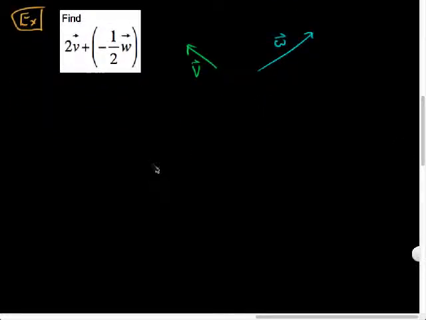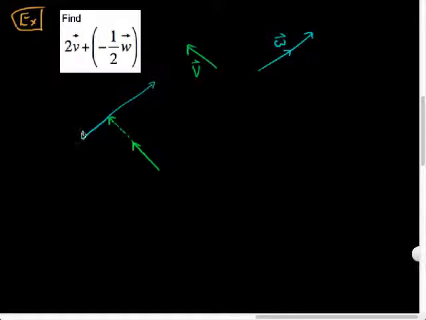So 2 times vector v. There's 1 vector v. There's another vector v. Let's see if I gave myself enough room. Half of vector w would be this distance, half its overall length, but it's negative a half. What do you think is going to happen when it's negative? Switches direction. It just simply changes direction. So here's what a full w would have been.